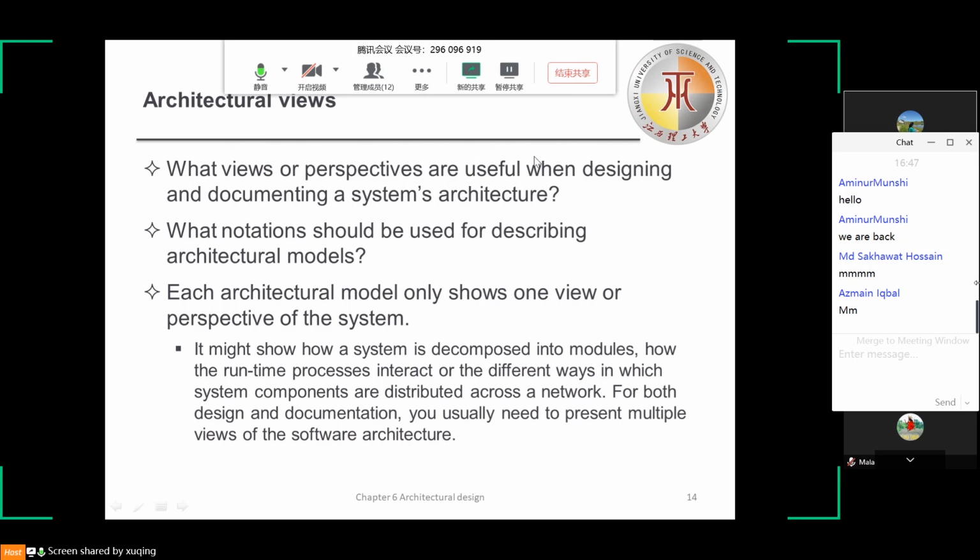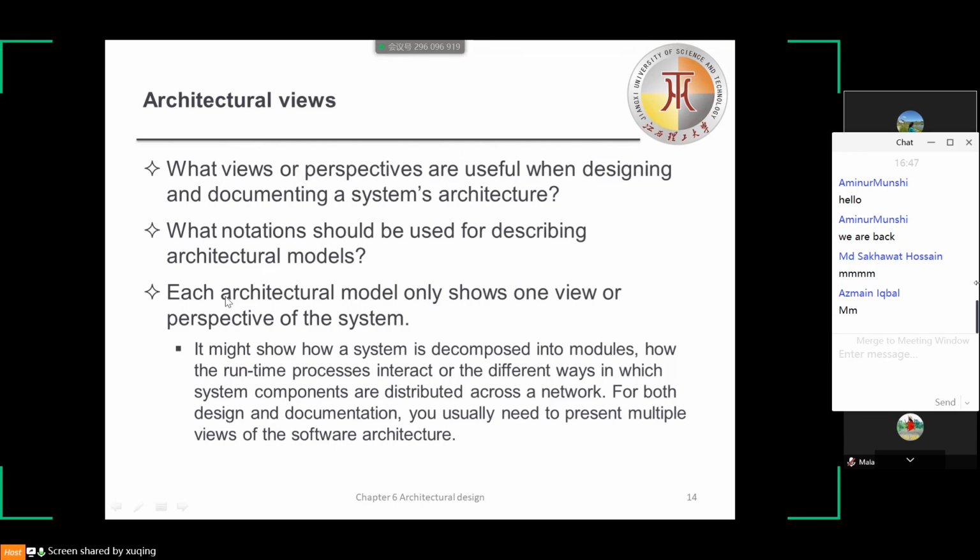It might show how a system is decomposed into modules, how the runtime processes interact, or the different ways in which system components are distributed across the network. For both design and documentation, we usually need to present multiple views of the software's architecture. Now we'll see different views in detail.